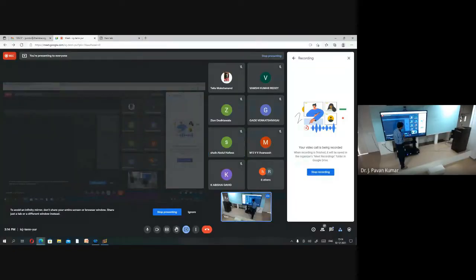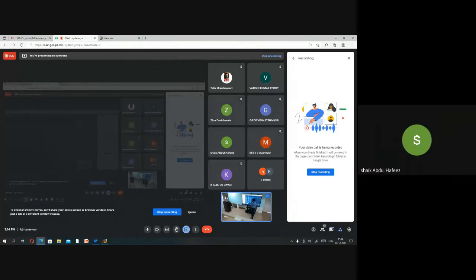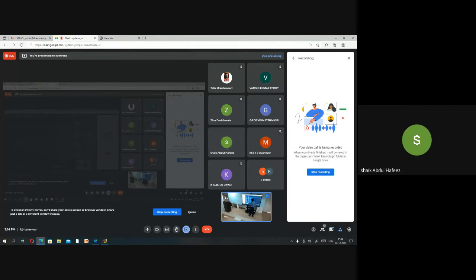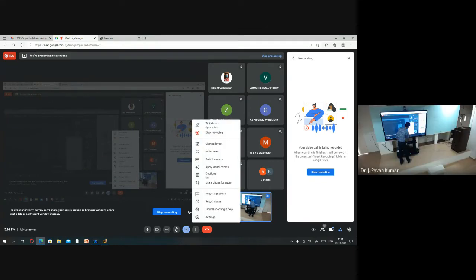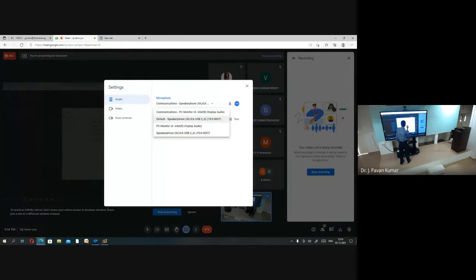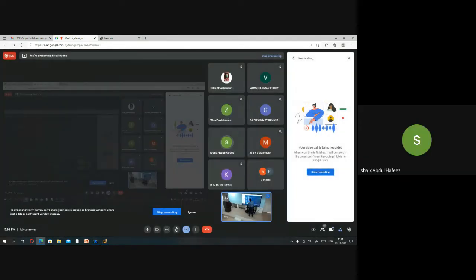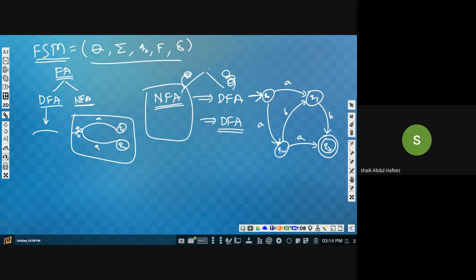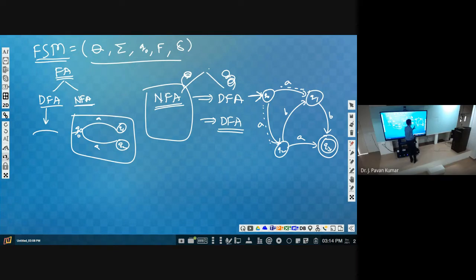Yes, it is an NFA. Why? Because Q0 is giving 2 paths on A, one which is Q1 and another which is Q2. So it is an NFA.